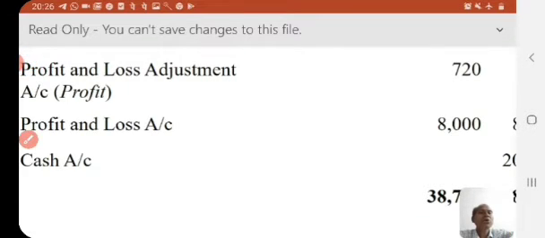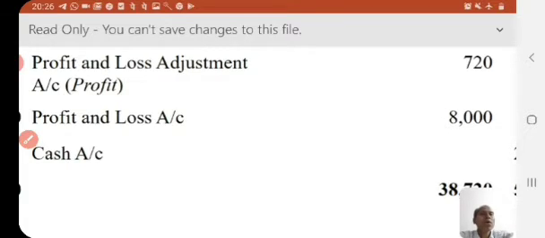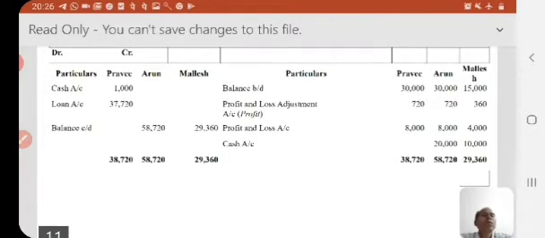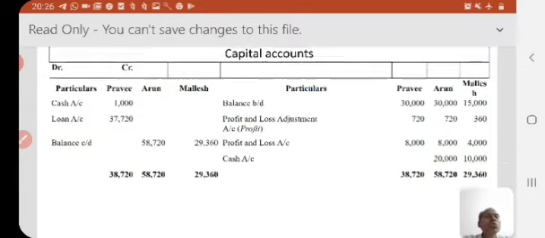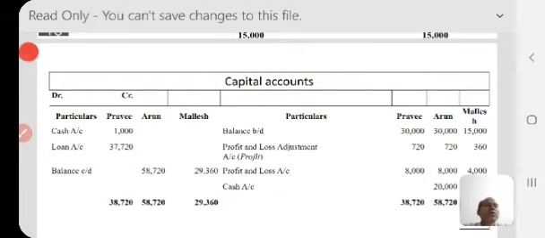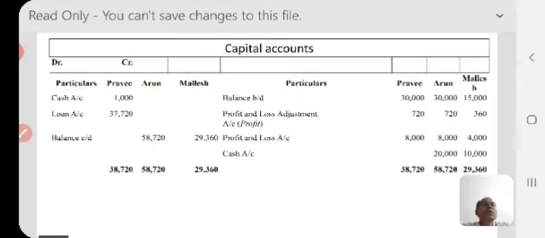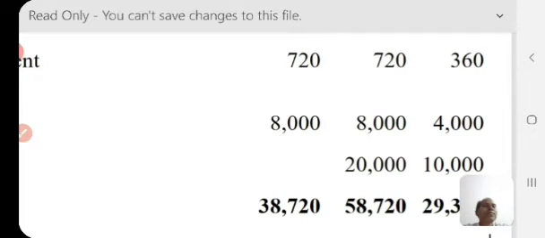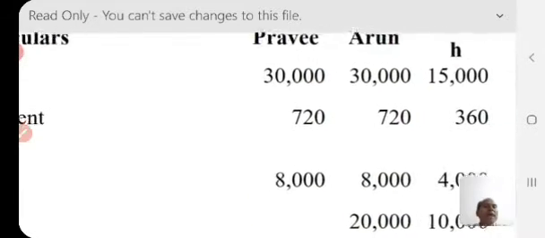So this cash is brought by Arun and Mallesh. So entry is cash account debit to two capital accounts. In the capital accounts, by cash account, 20,000 and 10,000. See this carefully.